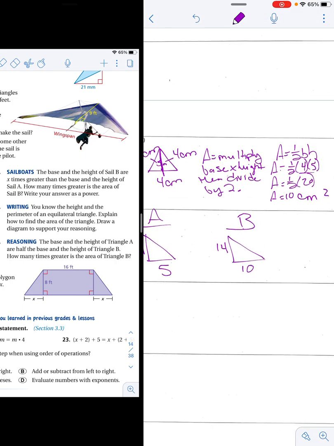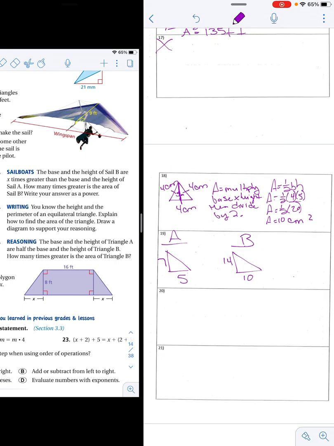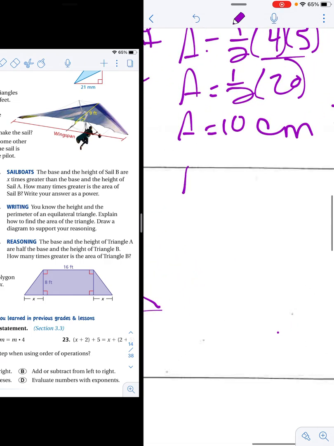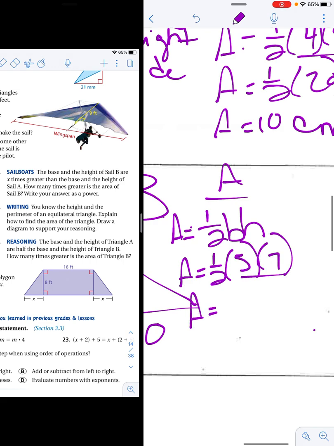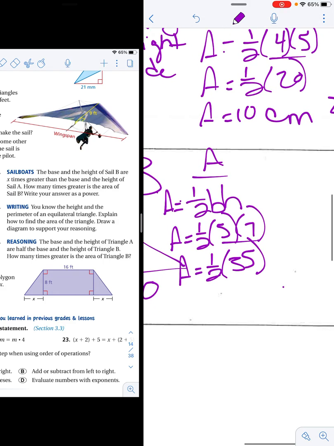Okay. If we wanted to find the dimensions of both, triangle A, 1/2 base times height. The dimensions were 5 and 7. Half of 35, that's an odd number, so we're going to have a 0.5, would be 17.5.